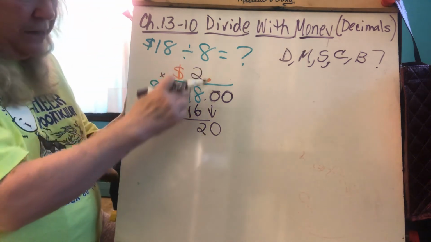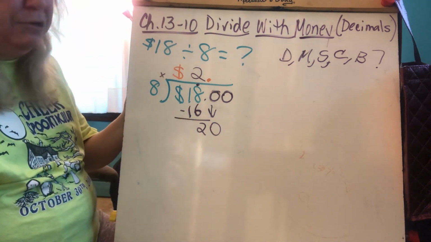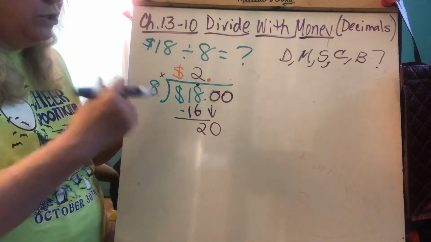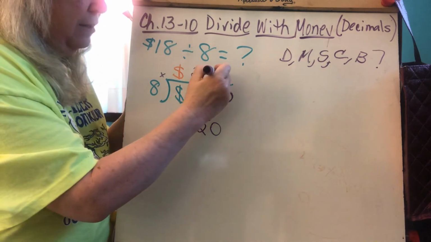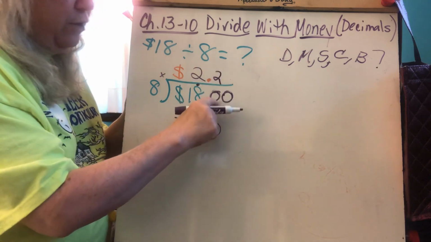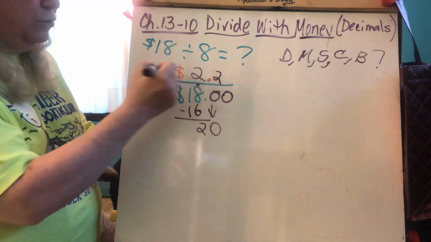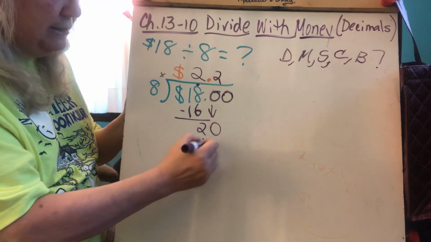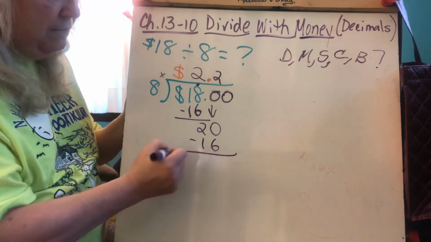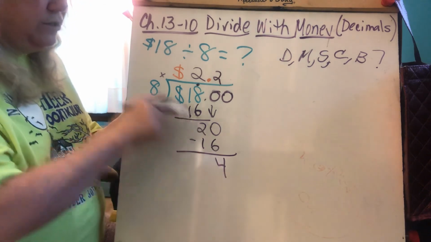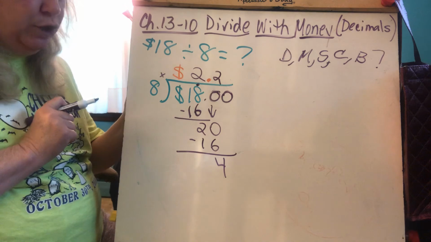Well, we already did up here 2 was 16, and that was pretty close, and then 3 was too much. So I'm going to go with 2 again. I'm going to put 2 over my first 0 that I added. Multiply. 2 times 8 is 16. 20 minus 16 is 4, and 4 is smaller than 8, so I'm still good.